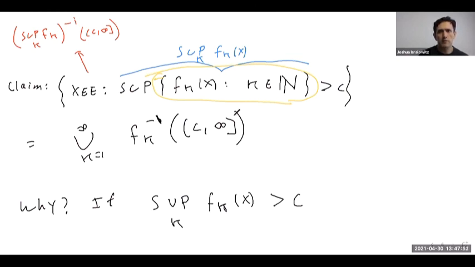Why? Well, there's not a whole lot to that. Sup is the least upper bound, and c is smaller, so c cannot be an upper bound for this set here.